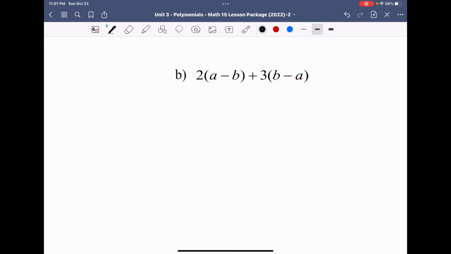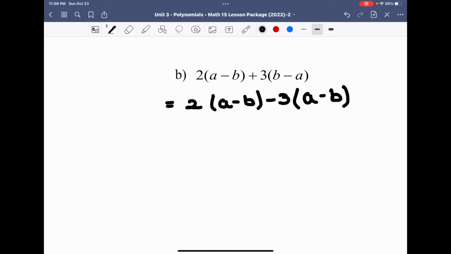In order to force them to have the same order, I'm going to go 2, a minus b, and in my second bracket, I'm actually going to flip the signs by removing the negative. I have a minus b in this one, and I want to force my second bracket to look like a minus b, so I'm going to remove a negative out front as a common factor, meaning this becomes negative 3, a minus b.